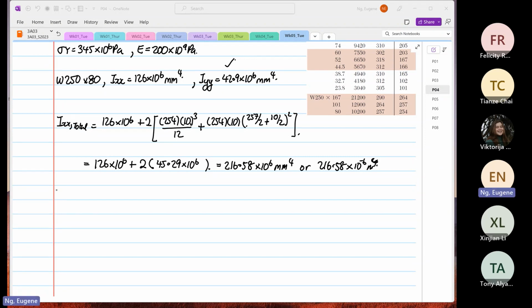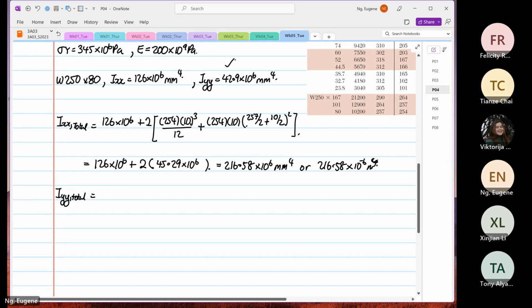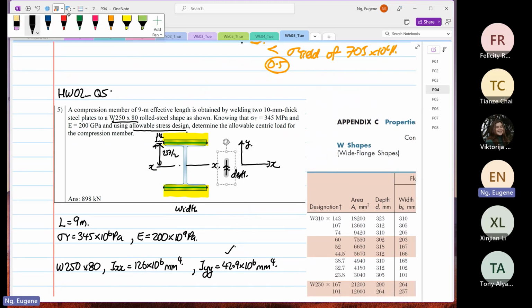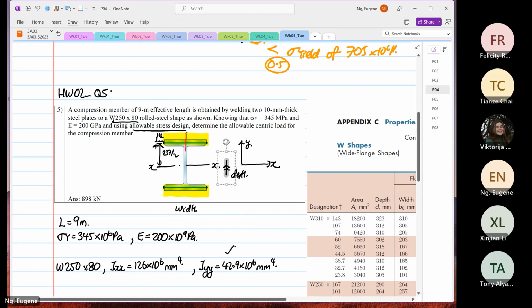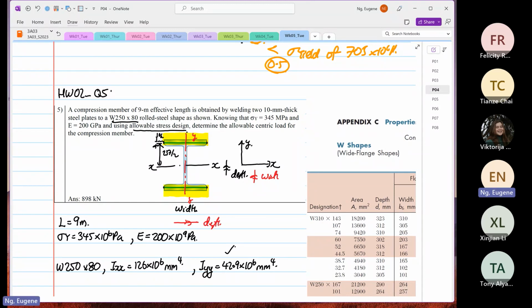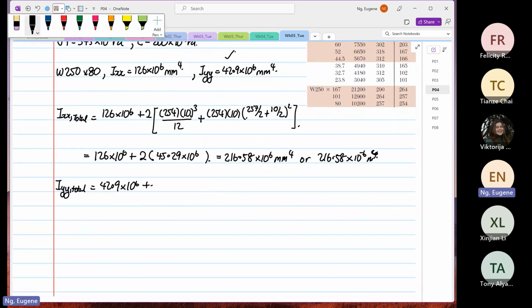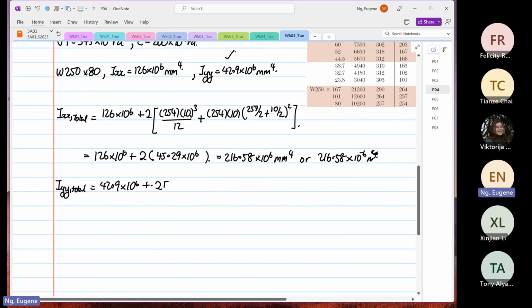For the IXX. Okay, so next we go for IYY total. So it is equal to 42.9 times 10 to the power 6 plus. IYY is more straightforward, so I will use a different color. This is YY. So this will be our width. This direction will be our depth. For this case, it's more straightforward because we only need to do BD cubed over 12.